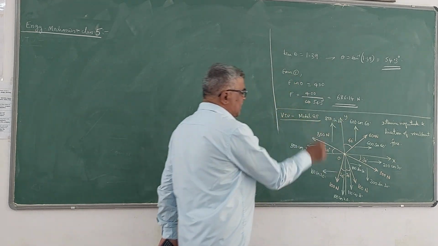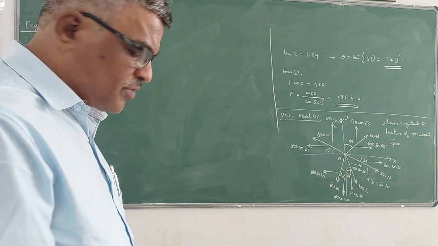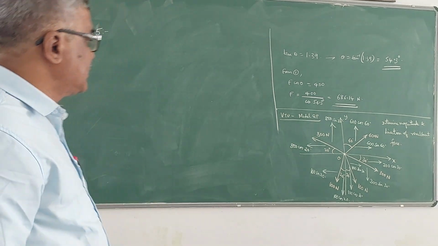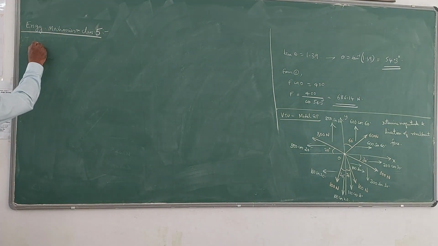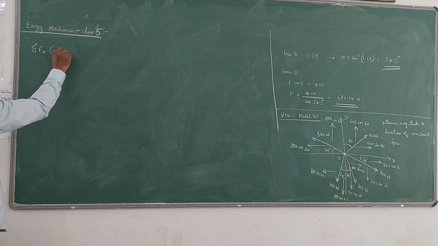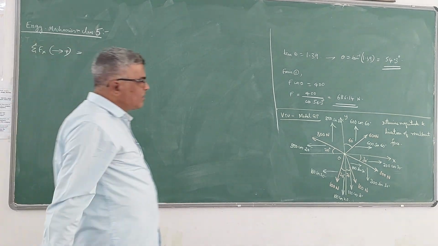So these are the resolutions, components of all the forces. Now we have to use sigma fx and sigma fy, the algebraic sum of all the forces along x direction, treating towards right positive, left negative. So one by one we will take.